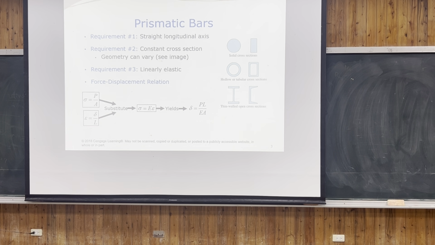The stress is force over area, and the strain is the elongation over the length. When we substitute this stress and strain into the equation, we get delta equals PL over EA. So this equation is the basic concept of chapter 2.